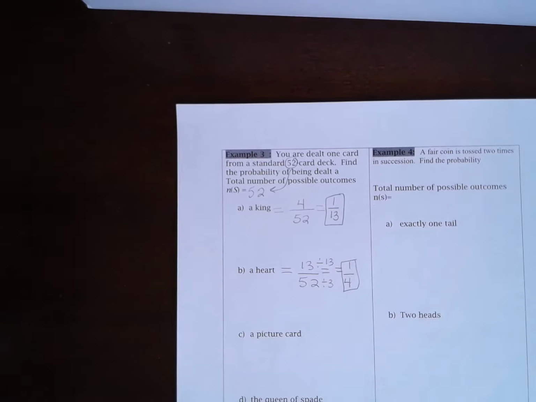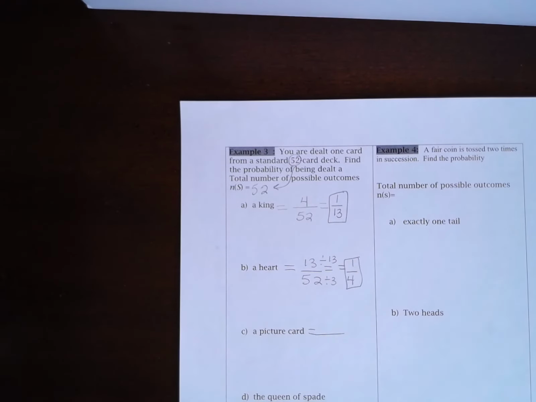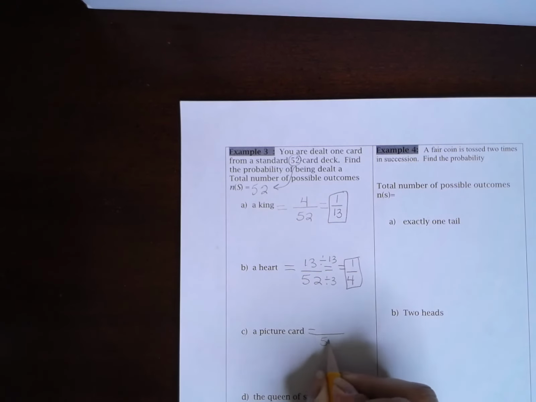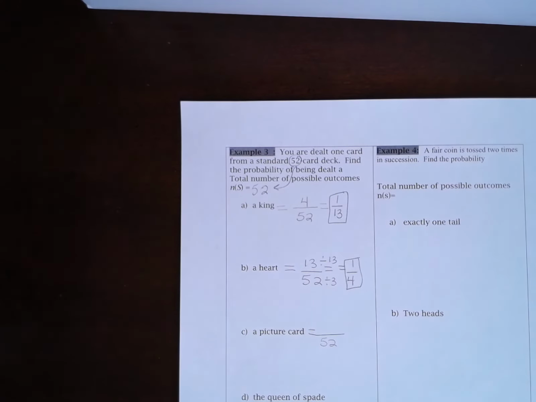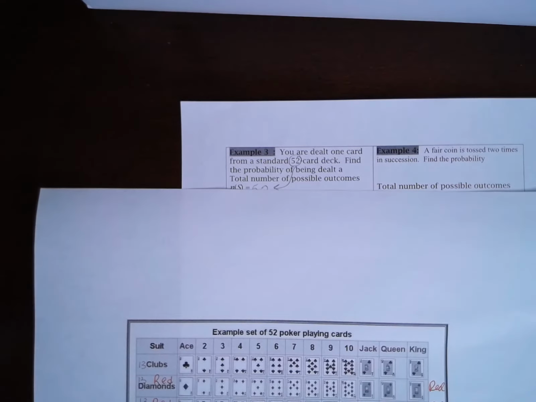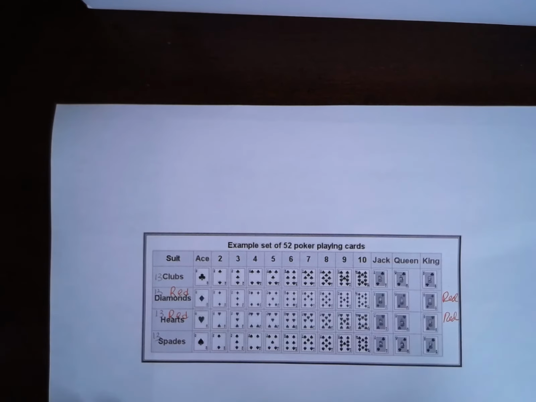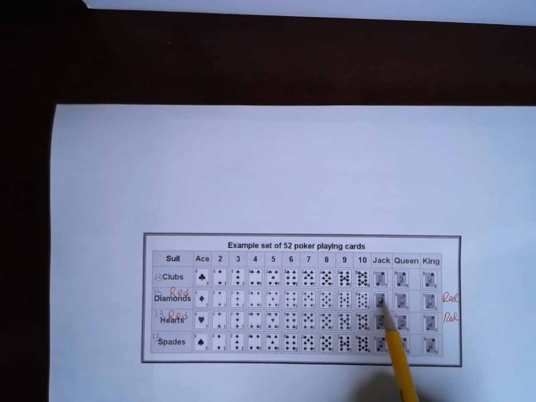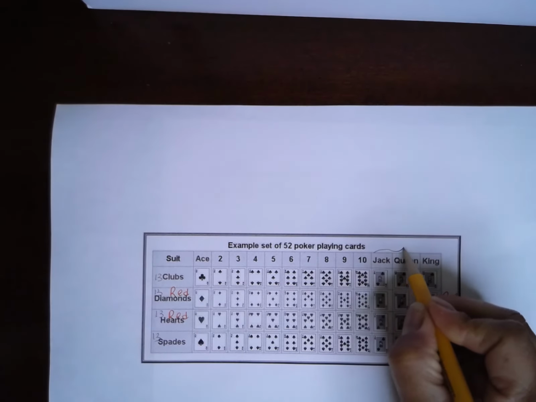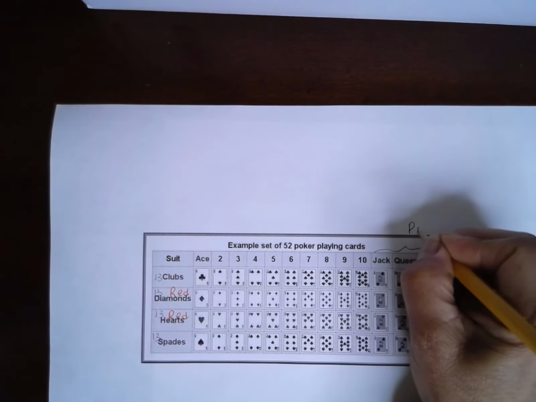Okay? So the next one, it says a picture card. So I know that in our fraction, the denominator will be 52. And you're like, oh, how many of them have pictures? So all of the ones that are jack, queens, and kings, they have pictures. Okay? So we have 1, 2, 3, 4, 5, 6, 7, 8, 9, 10, 11, 12. So all of these are what they're called picture cards.